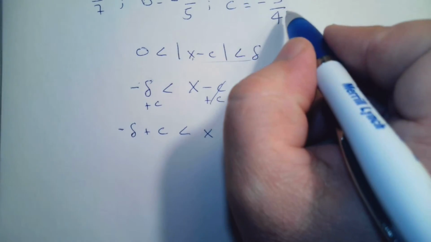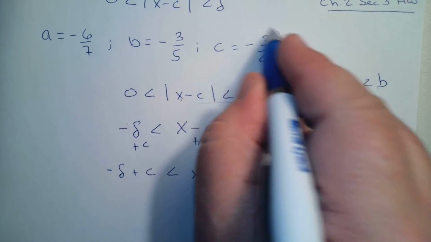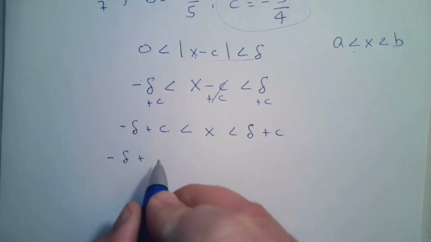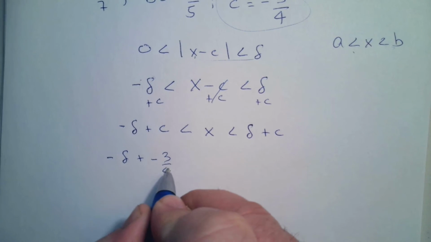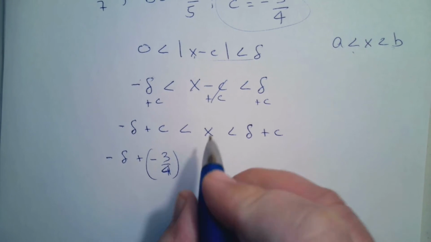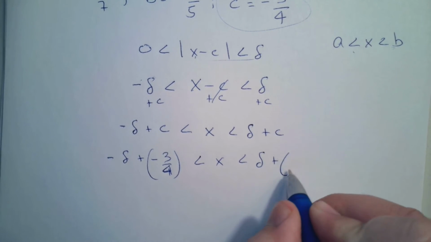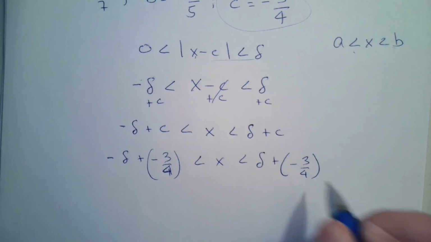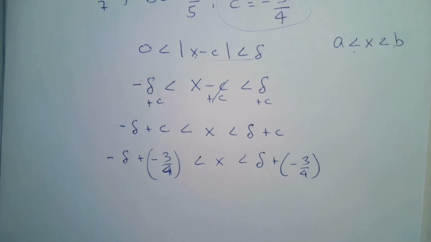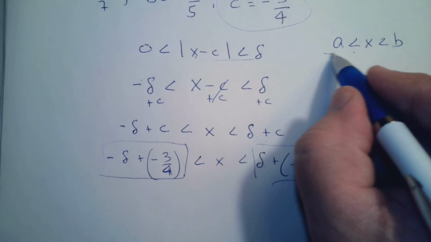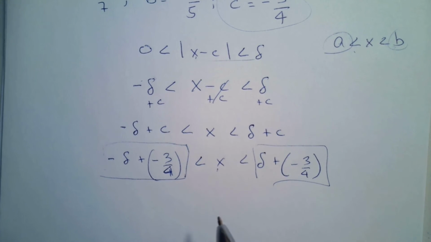What value is c? C we know is negative 3/4. So we have negative 3/4 on both sides. What we know about this value and this value, it's got to be A and B, with x in the middle.